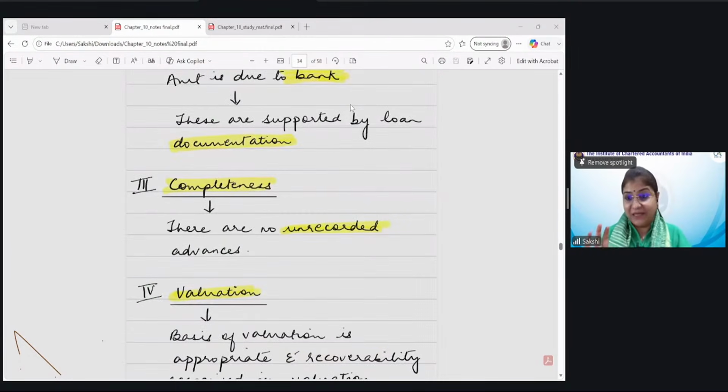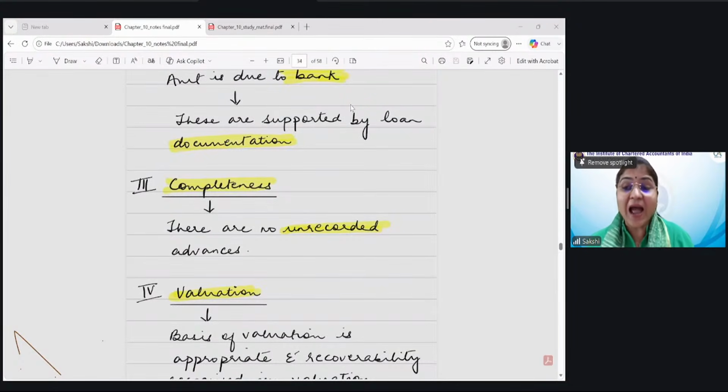Next is completeness, that the bank has shown all the advances and there are no unrecorded advances. This is what completeness was all about: all the things have been taken into account and nothing is left. For example, there is a separate advance sheet. Whenever we go to the bank as auditors, we say, please give us the advance sheet where all the advances are mentioned.